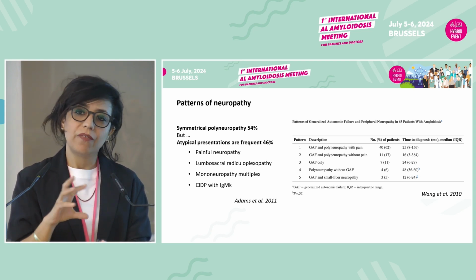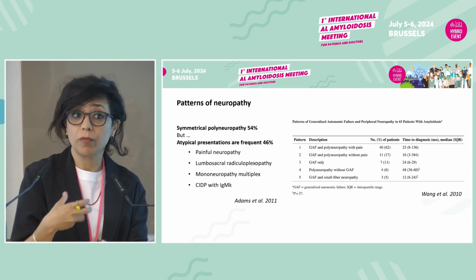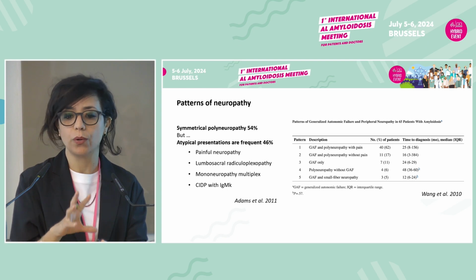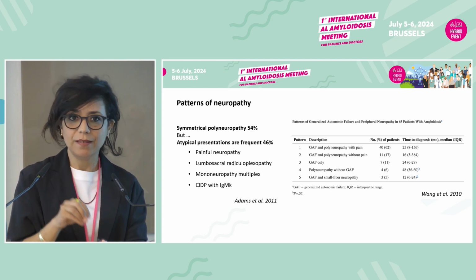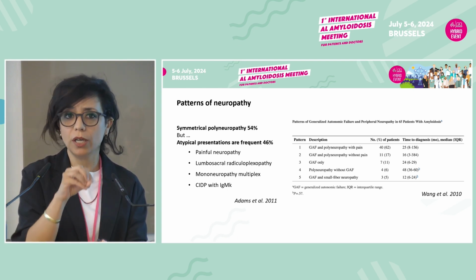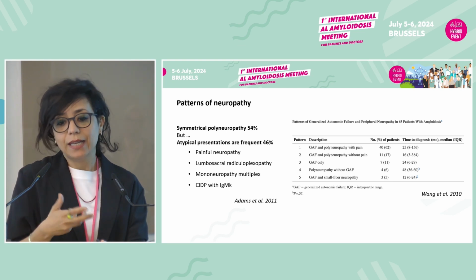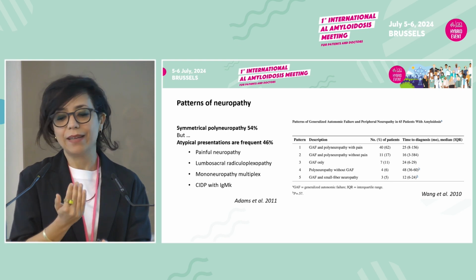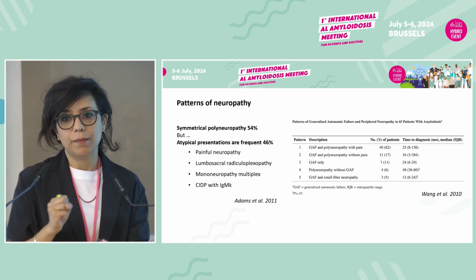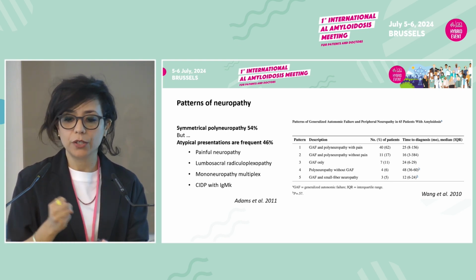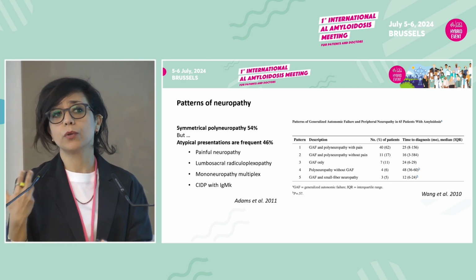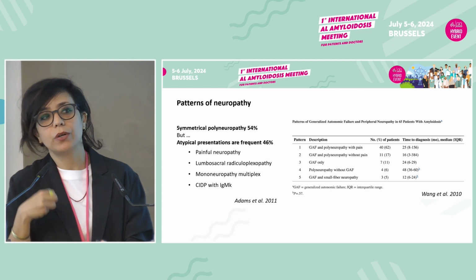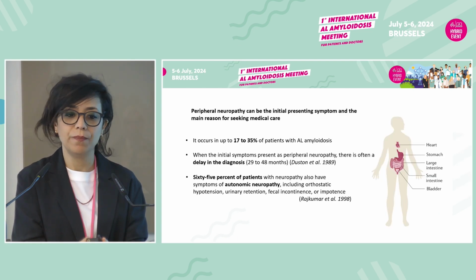They tried to classify the patterns of presentation of the involvement of the peripheral nervous system, and the first and most frequent was the presence of a generalized autonomic failure with a polyneuropathy with pain, and then we have also autonomic failure with polyneuropathy without pain, and all the other manifestations, for instance, polyneuropathy without generalized autonomic failure or autonomic dysfunction with small fiber involvement, were less common.